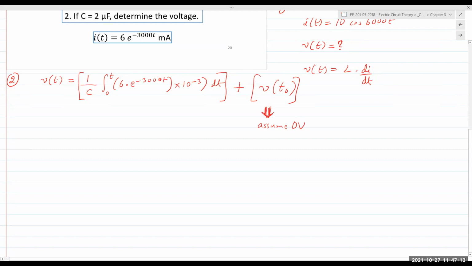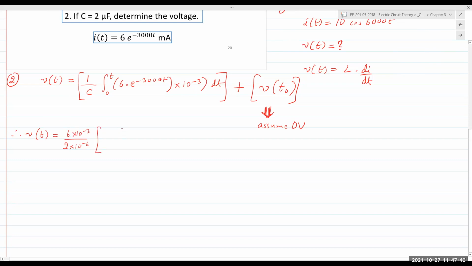Okay, so let's plug in the values. 1 over C is 2 microfarads, 2 times 10 raised to minus 6. We'll take 6 and 10 raised to minus 3 outside. 6 into 10 raised to minus 3.